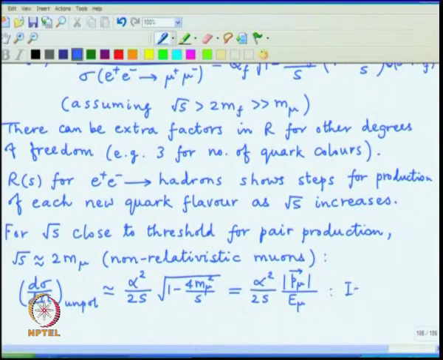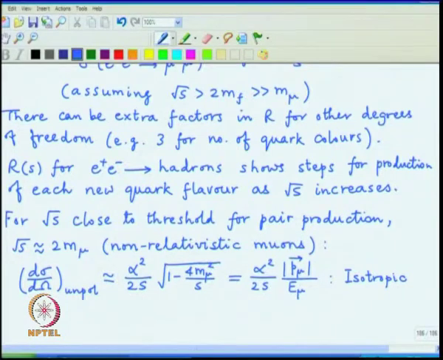In particular, one can easily see that because the angle dependence has cancelled out, this is an isotropic cross section, and so in this limit pair production is in S wave.